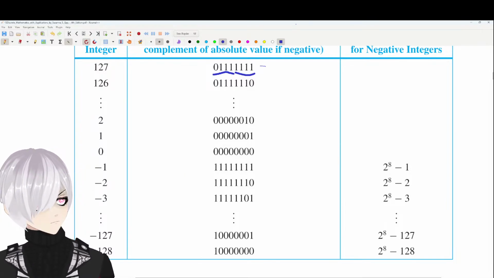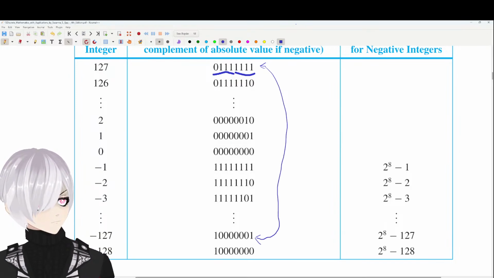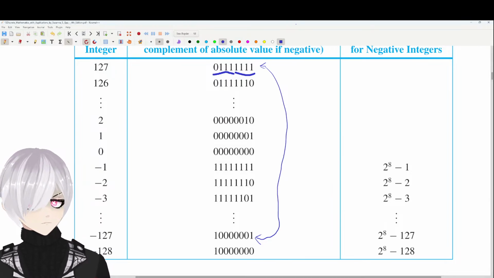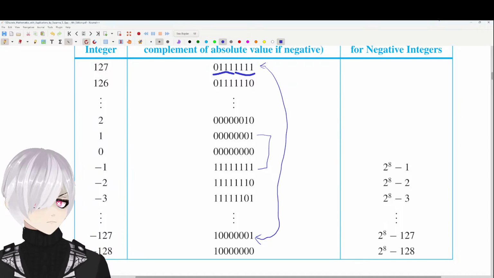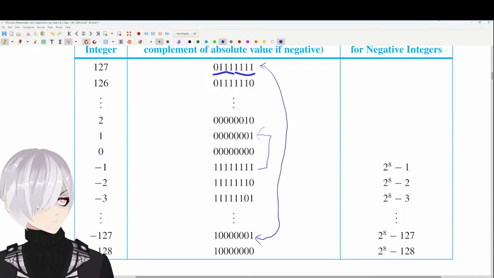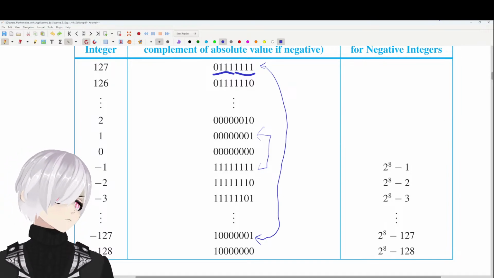Each negative integer is represented by the 2's complement of the corresponding positive integer, meaning the 2's complement of the absolute value of the negative one. And that ends up being all the ones that have a 1 at the beginning.